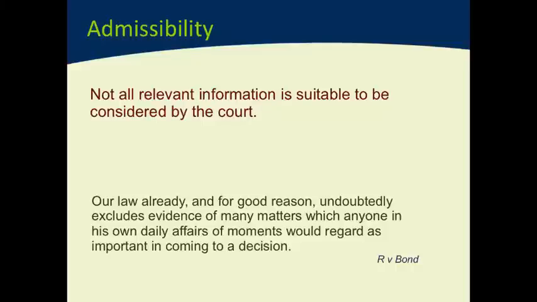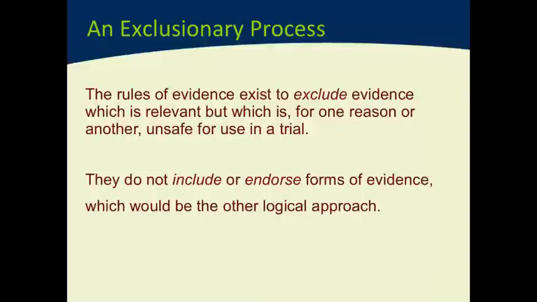So the rules of admissibility are exclusionary. Their job is not to rule types of evidence in, their job is to rule types of evidence out. So the presumption is that anything relevant is admissible unless an admissibility rule comes in and knocks the evidence out. Okay, so it's an exclusionary set of rules.